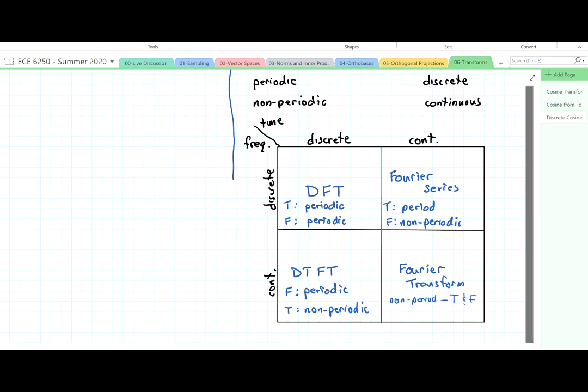So where does the DCT and the cosine transform fit? Well, the cosine transform is over here. We're discrete in frequency. We use discrete frequencies to build it up. But it's continuous in time over some interval. And here we have the discrete cosine transform that's discrete in both places.